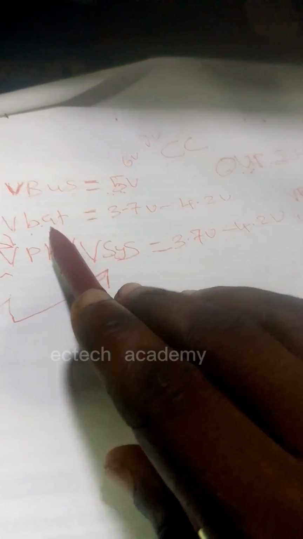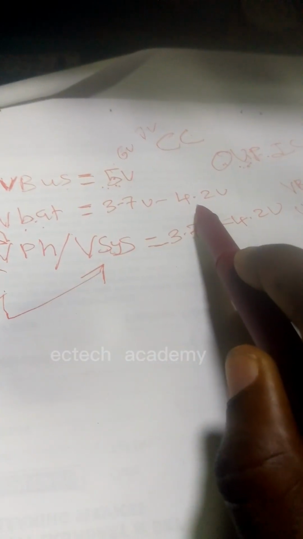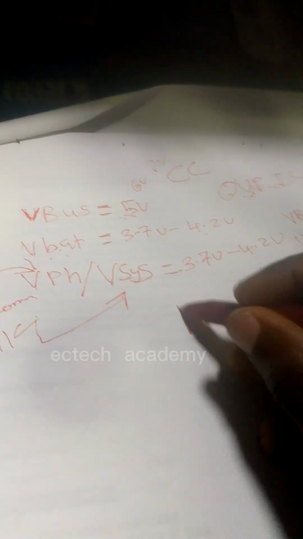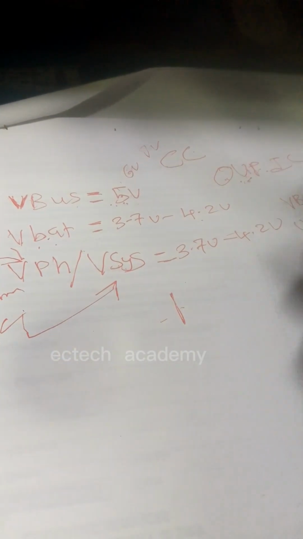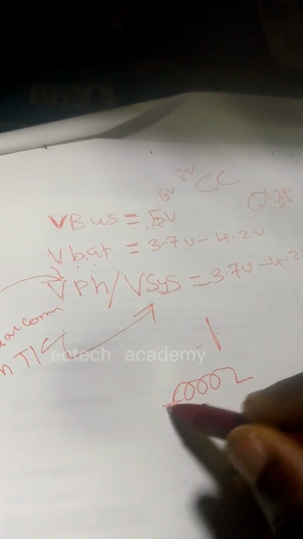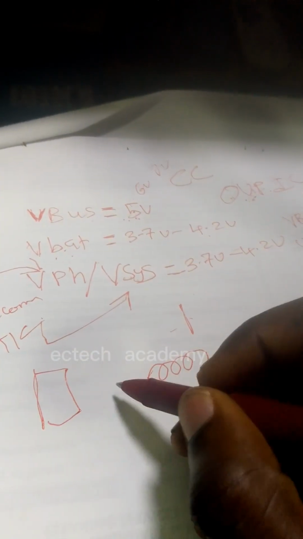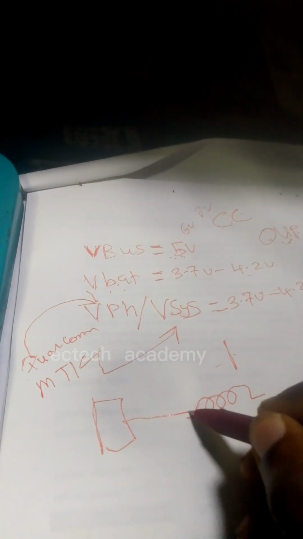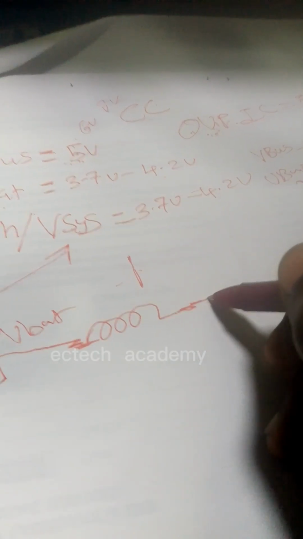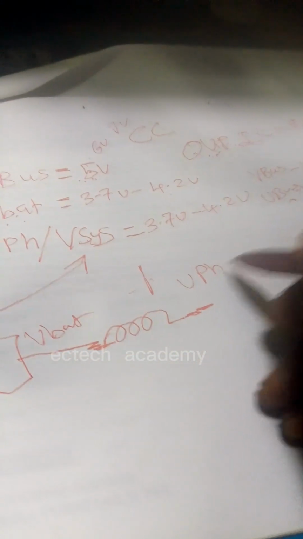It's also a VBAT voltage, but because it has passed through another process. And what is the process it passed through? There is a coil. Let me use the symbol of a coil. There is a coil beside the charging IC. That side we output, this side will be VBAT voltage, and the other side will be VPH voltage.